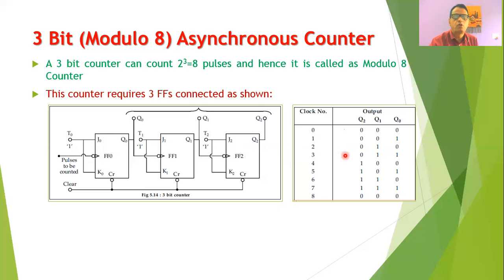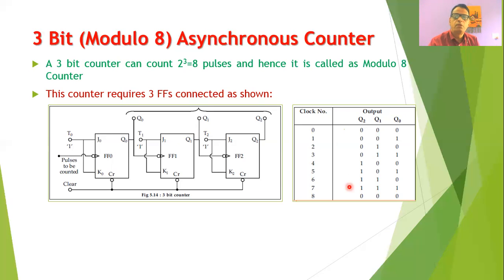And after the fourth clock pulse, the output of the counter will be 100, because output Q0 changes from 1 to 0, therefore Q1 also changes from 1 to 0, and therefore Q2 changes from 0 to 1. So in this way, after the fifth clock pulse, the output of the counter will be 101. After the sixth clock pulse, it will be 110.